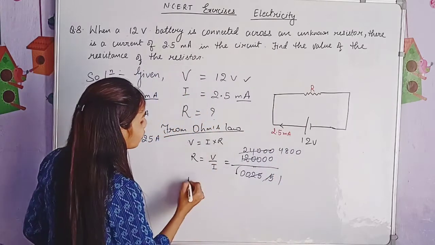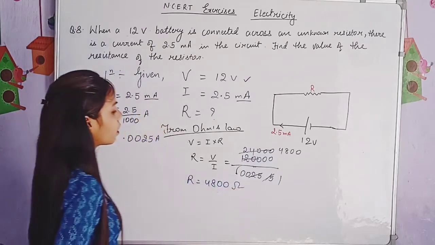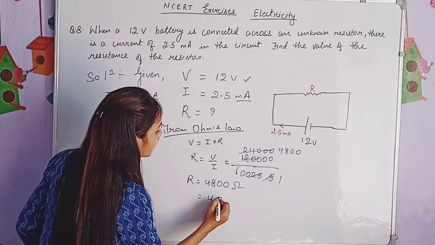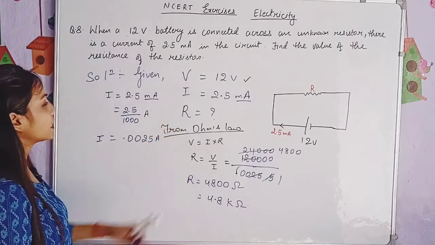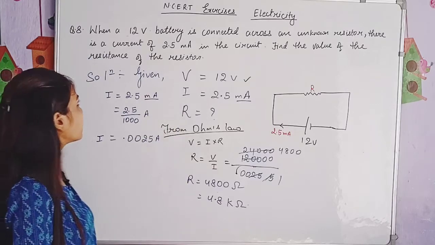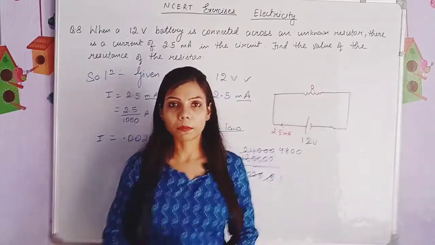Okay, so R is equal to 4800 ohm, or you can write 4.8 kilo ohm, right? So this is the value of the unknown resistance of the resistor, and this is the solution for question number 8. Let's move on to question number 9.